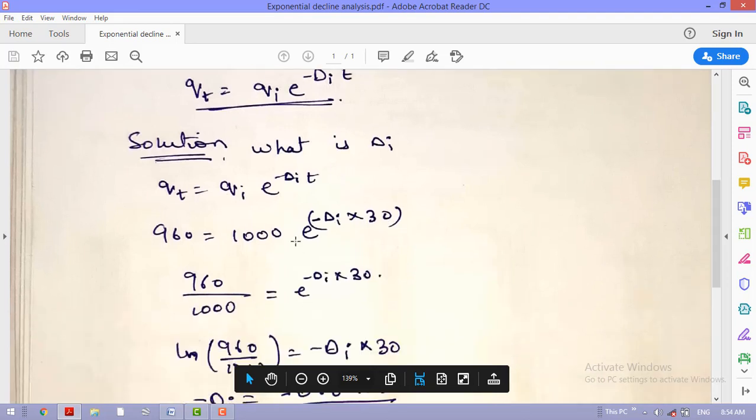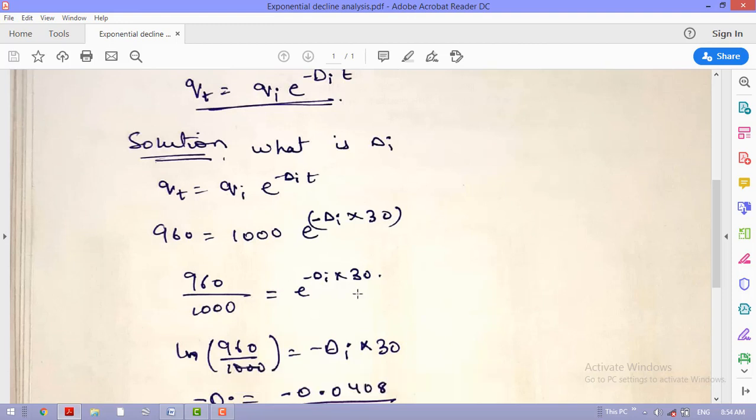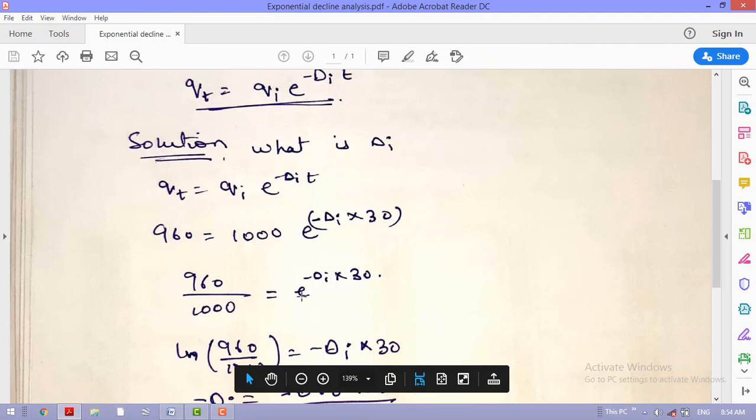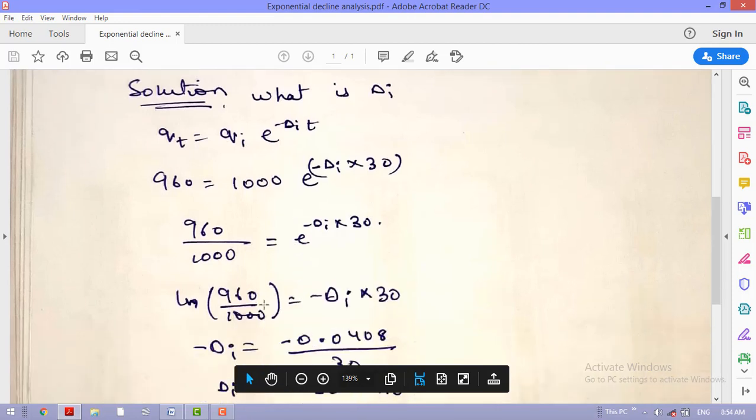After solving this, I took 1000 to the left hand side, which is equal to e power minus DI into 30. Then the exponential changes into natural log: ln of 960 by 1000 equals minus DI into 30.